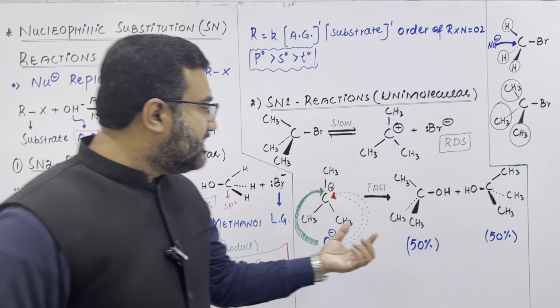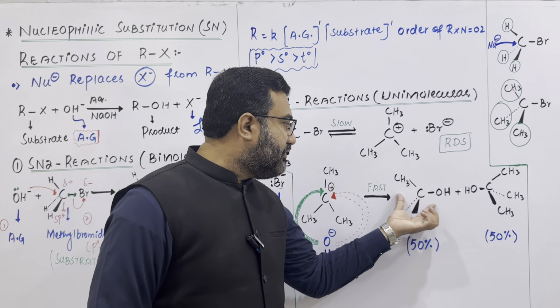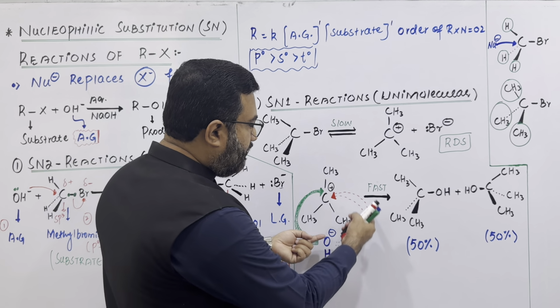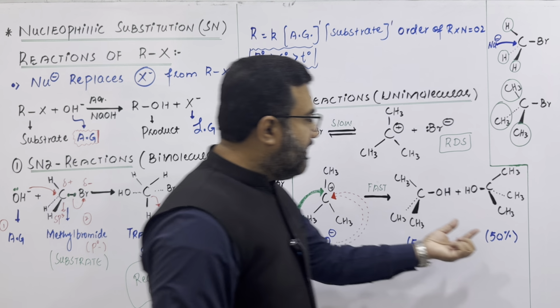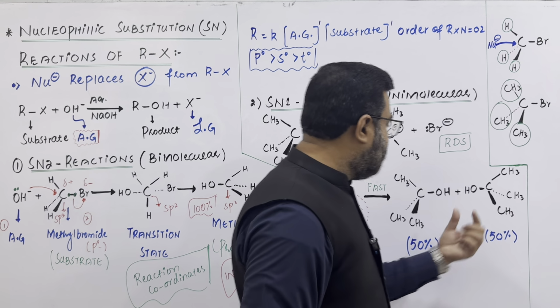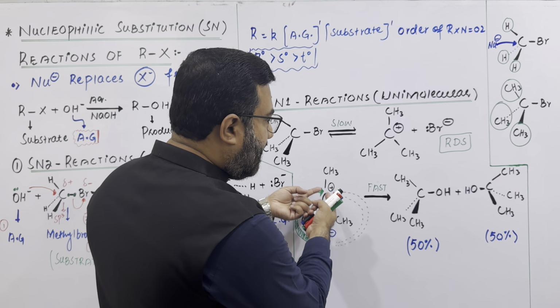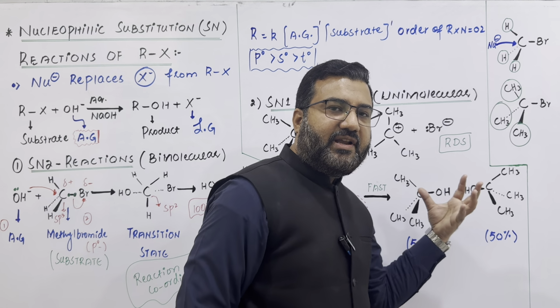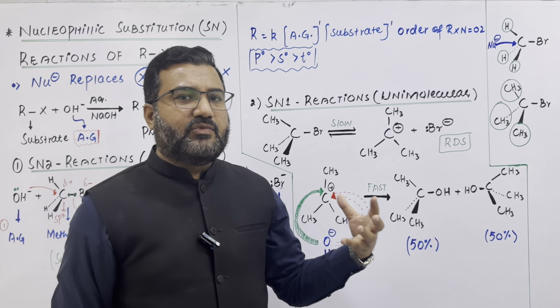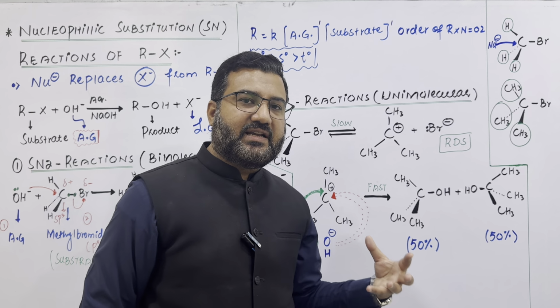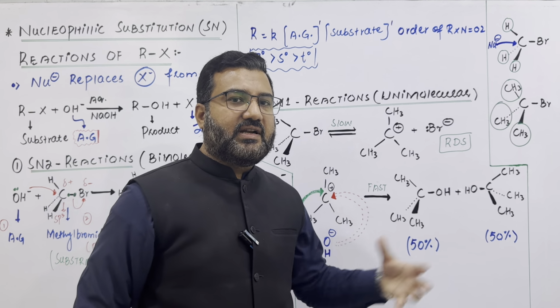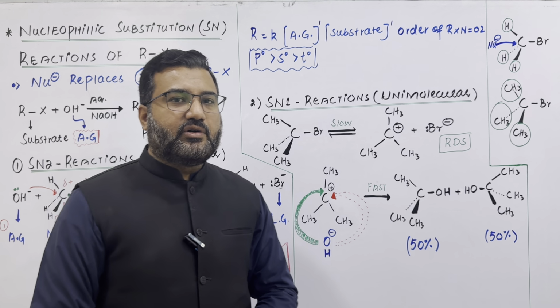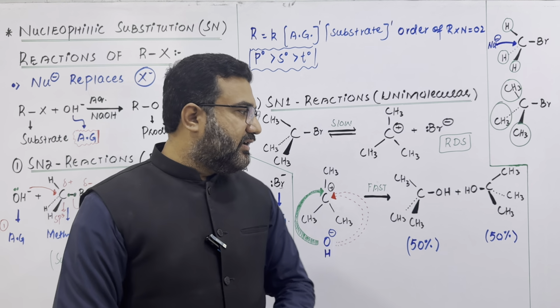There will be 50% chances of formation of this product if the attacking group attacks from this side, and 50% chances of the formation of this product if the attacking group attacks from the other side. These two will be isomers of each other. They will have the same molecular formula, even their structural formula will be the same, but the overall configuration, the position of the atoms or groups in space, will be different.